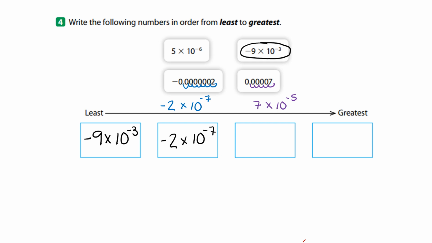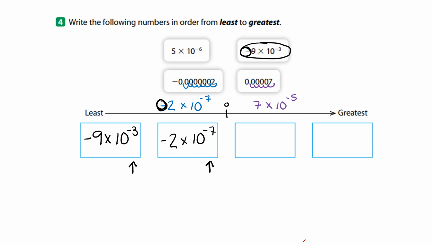Now, we knew that those were lowest because their whole numbers are negative, meaning they're less than 0, if 0 was here in the middle. Now, the reason that negative 9 times 10 to the negative 3rd is smaller than negative 2 times 10 to the negative 7th has to do with the exponents. -3 is a smaller decimal than -7.